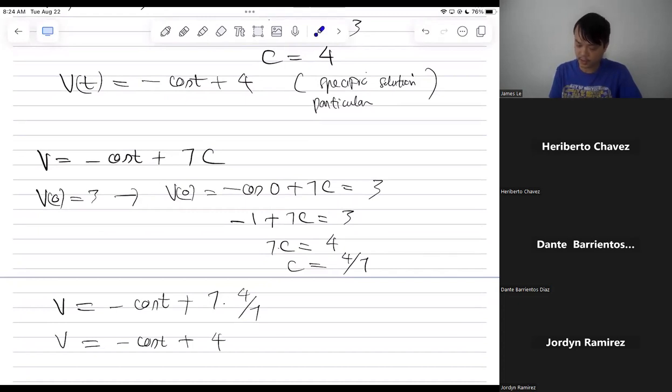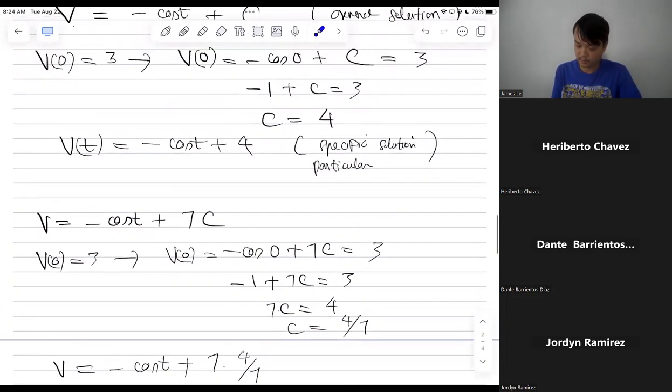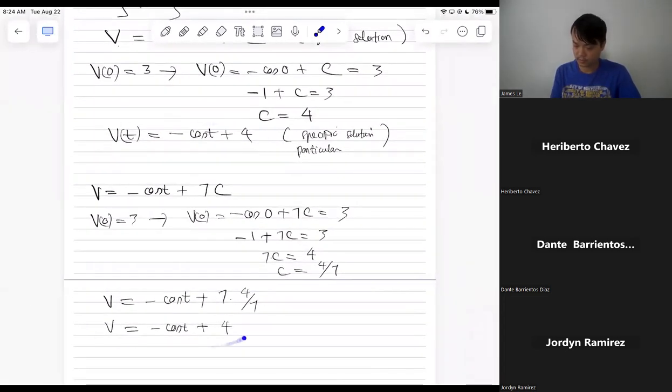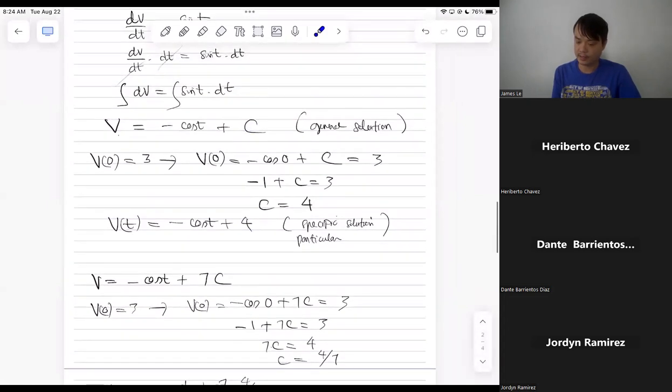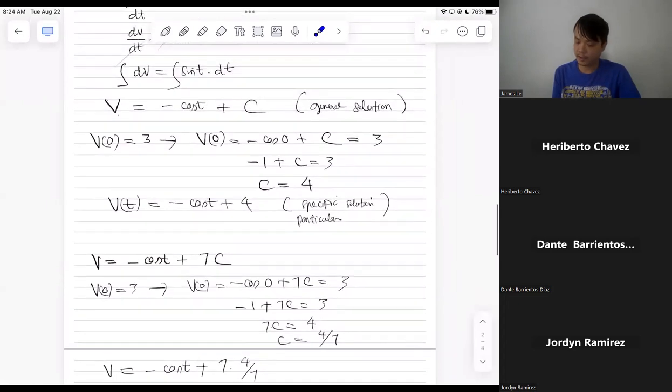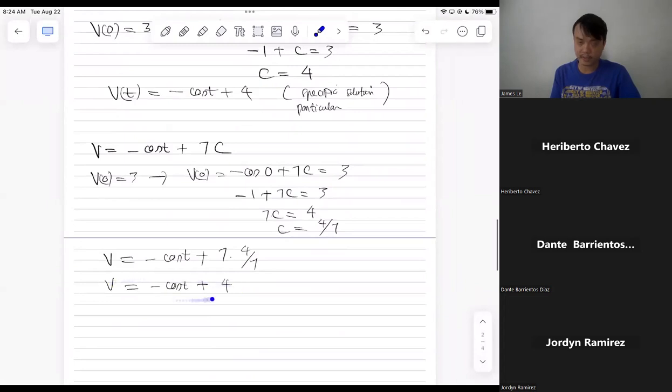You guys see that? It still gives the same result. Even if someone writes C and someone writes 7C, with the same initial condition v(0) equal 3, they still get the same particular solution.